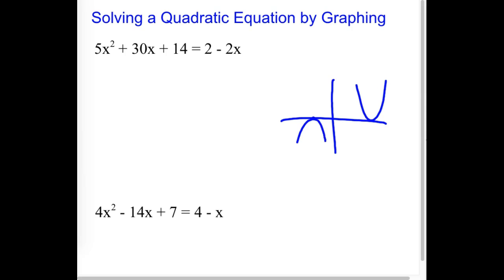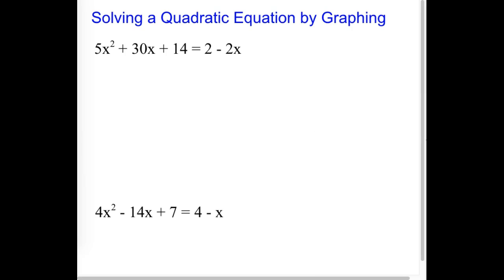But if it's only going to hit in one spot, so the answer to his question, would that have to be the vertex? Yes. Now, is it possible to have no solutions? Yes, we can have a parabola like this that doesn't touch it at all, right? Okay. Good question.